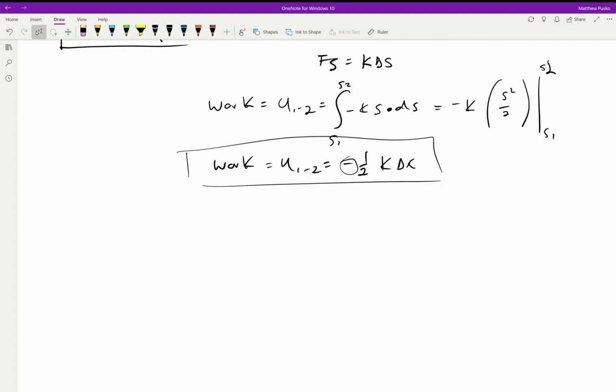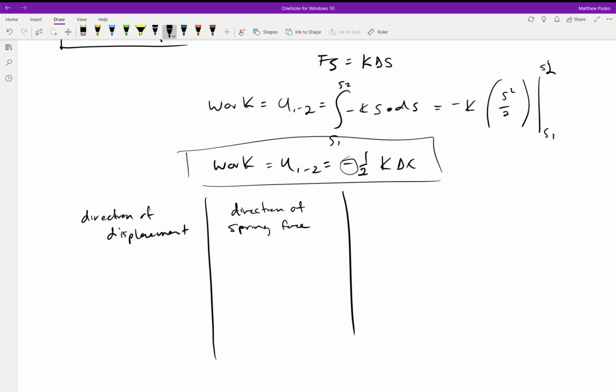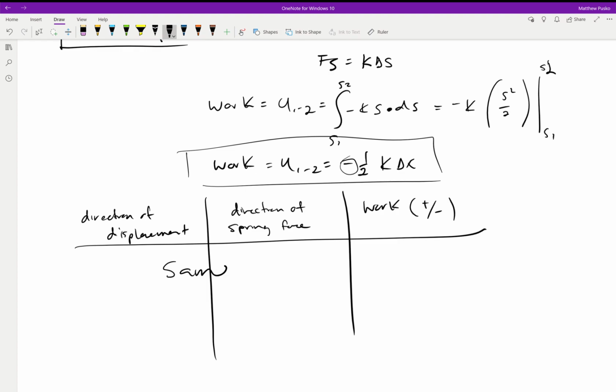But if we make a table with the direction of displacement, the direction of the spring force, and whether the work is positive or negative: if the direction of displacement is the same as the spring force, the same direction, then it does positive work.